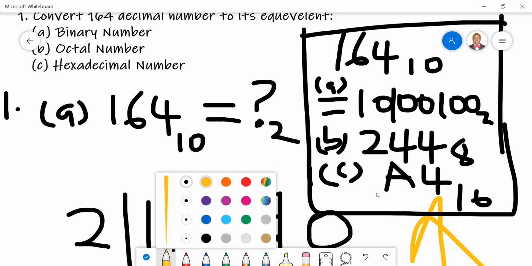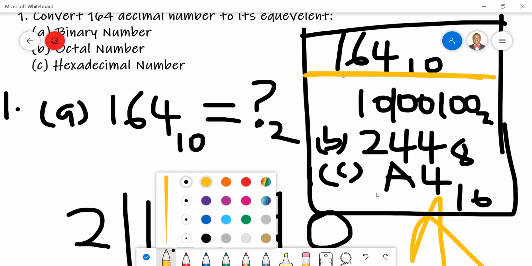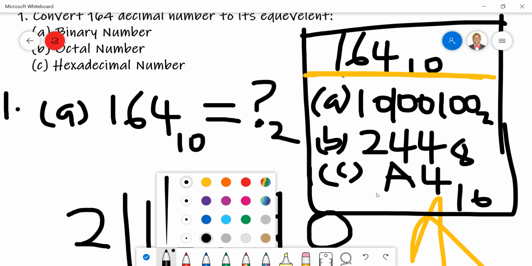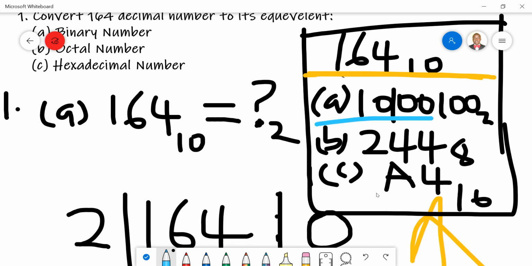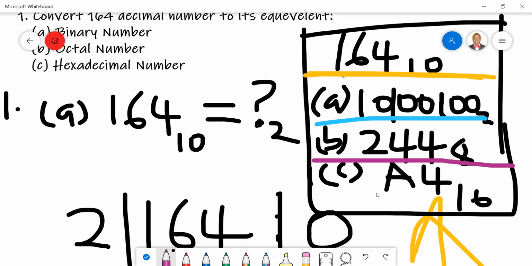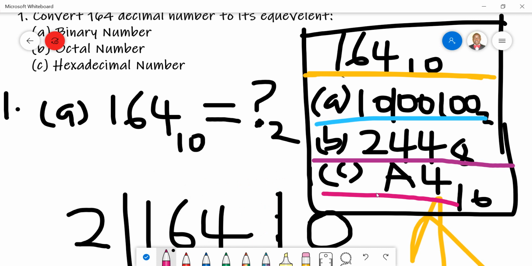We got that this 164, which is base 10, is equivalent to 10100100 base 2, and is also equivalent to 244 base 8, and lastly its hexadecimal is A4. Then you are done with the conversion.